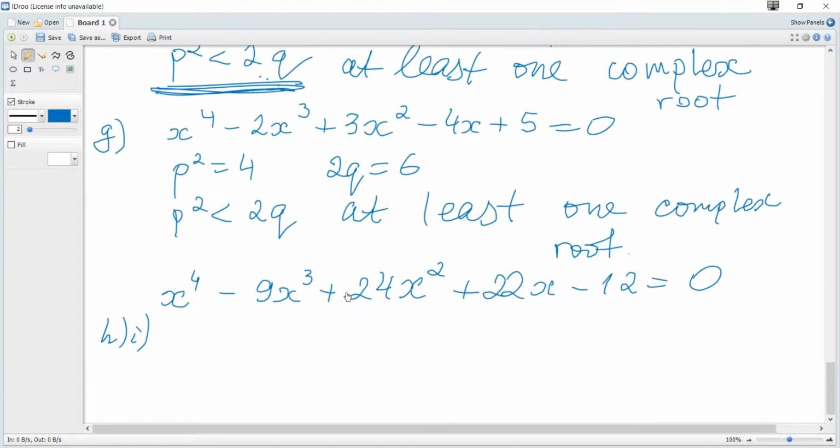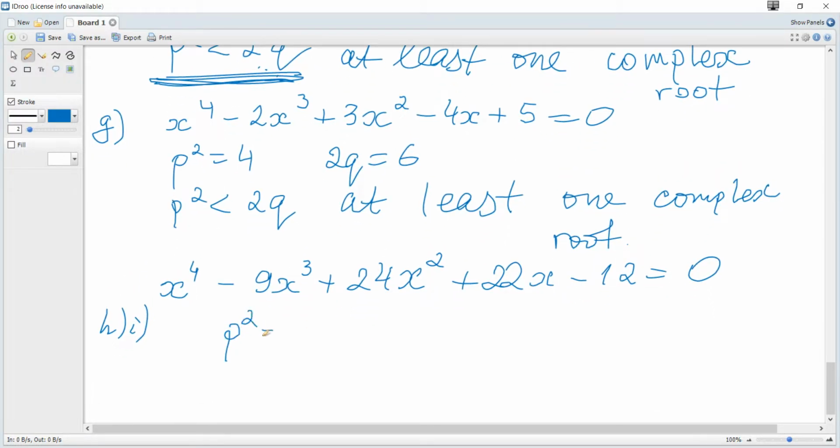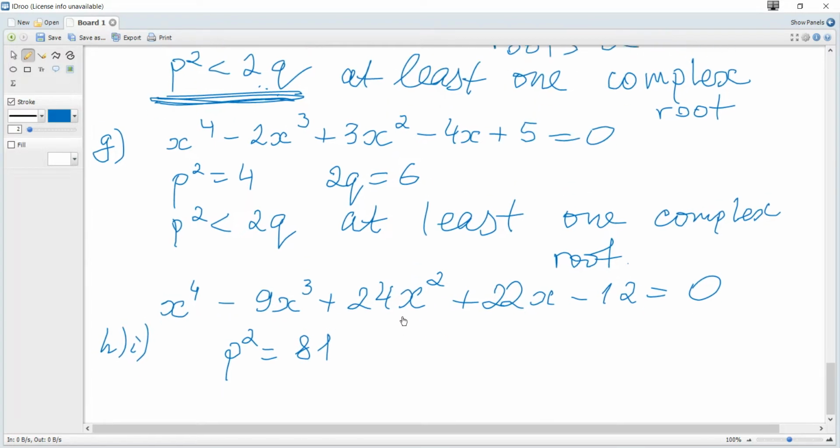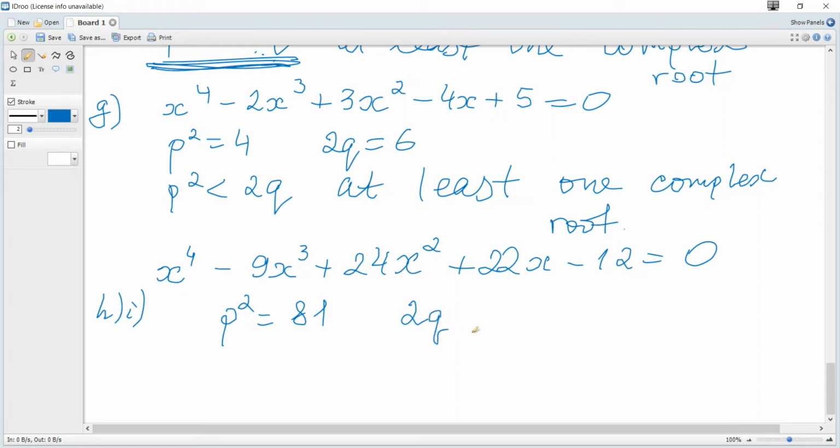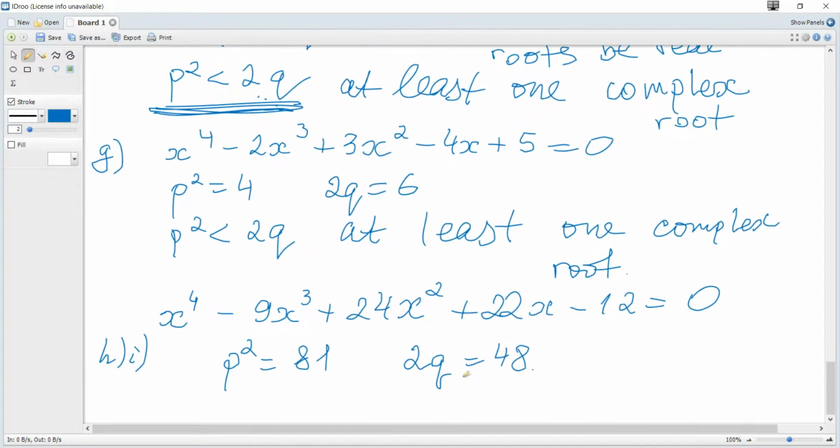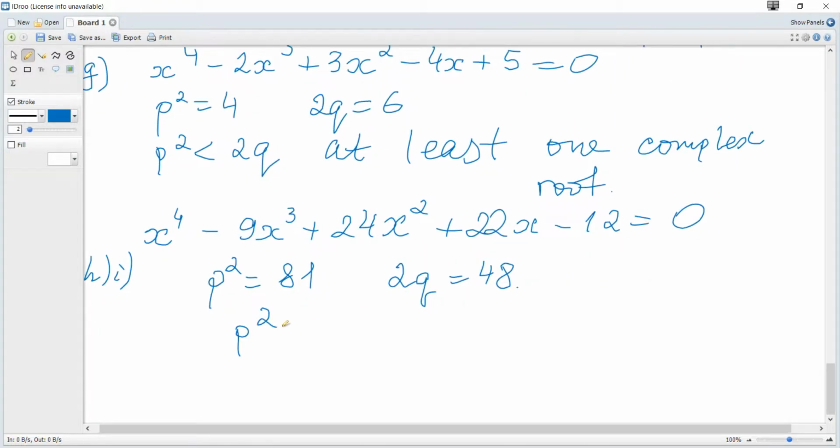Again, let's consider p squared. P squared is 9 squared, 81, and 2q is what? It's 48. And here p squared is greater than 2q.